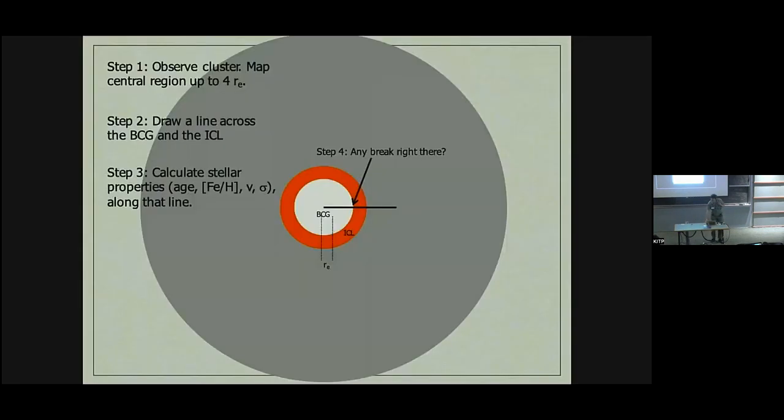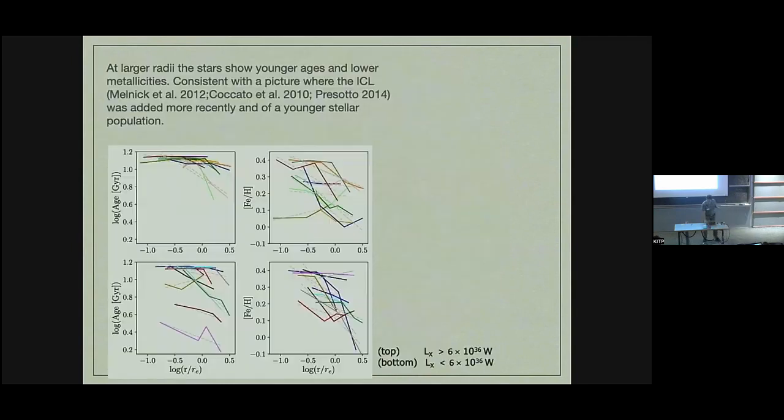Okay, so our project then is, if we look at the brightest cluster galaxy and the intracluster light, do we find breaks in the stellar populations and in the kinematics where we are going from brightest cluster galaxy to intracluster light? So look at the stellar populations and see if we have a break. Indeed we do.